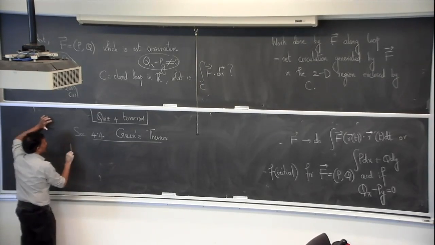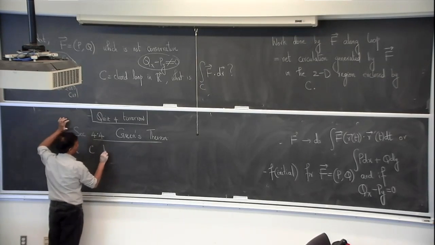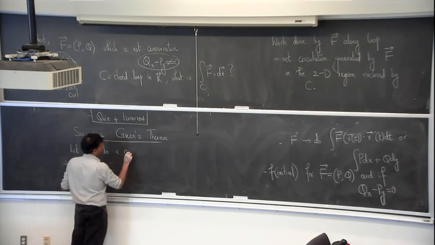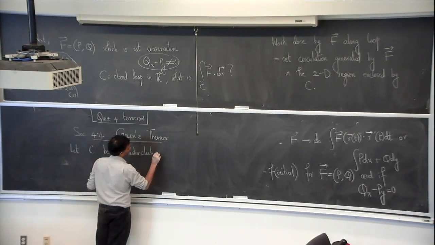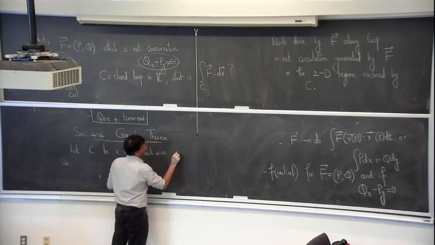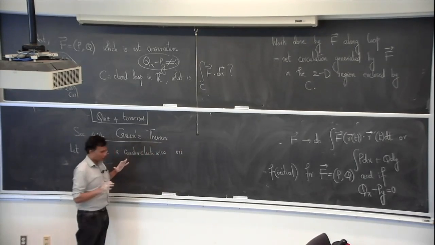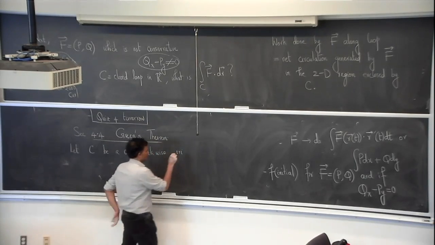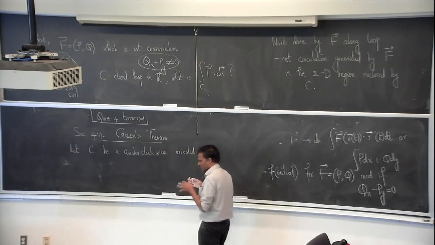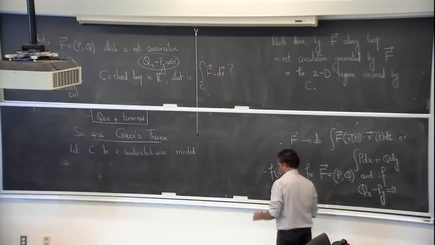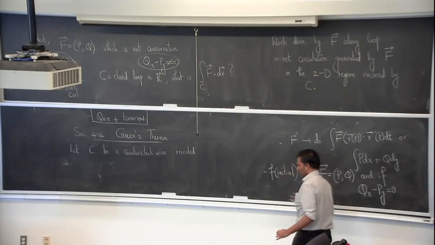So let C be a counterclockwise oriented curve. That is how we fix the orientation here. Again, that's all based on experiences from electricity and magnetism, the counterclockwise, which goes against the direction of flow.